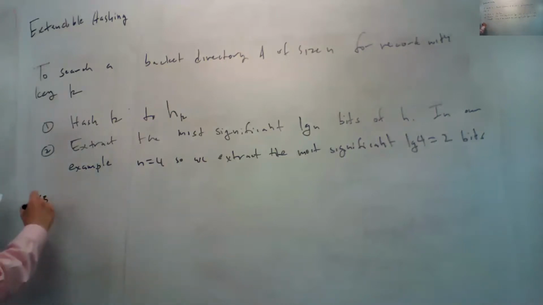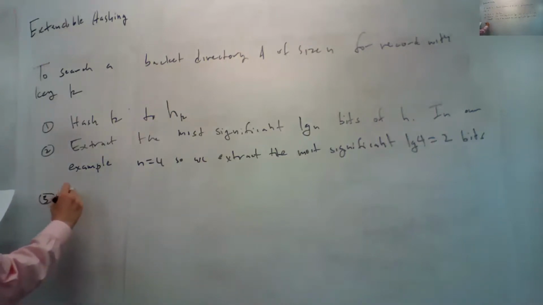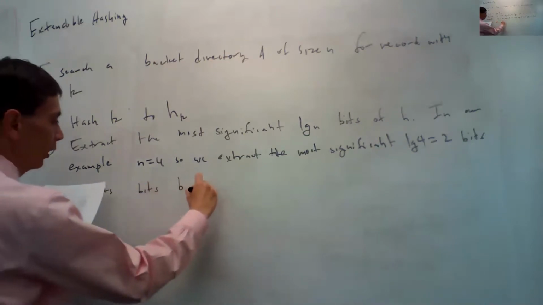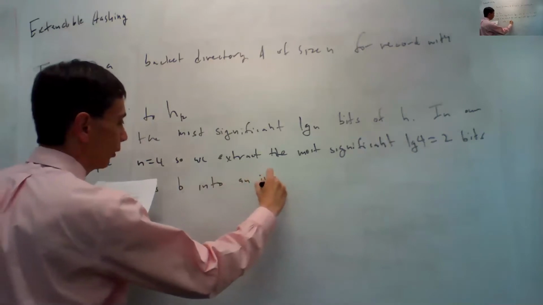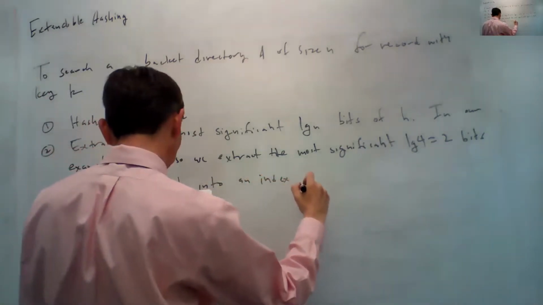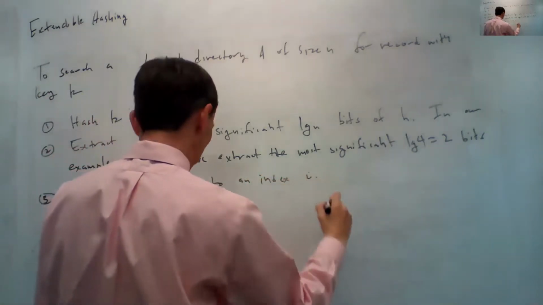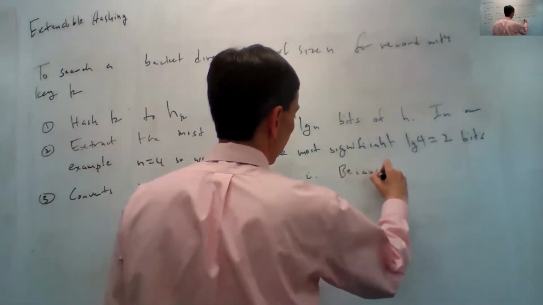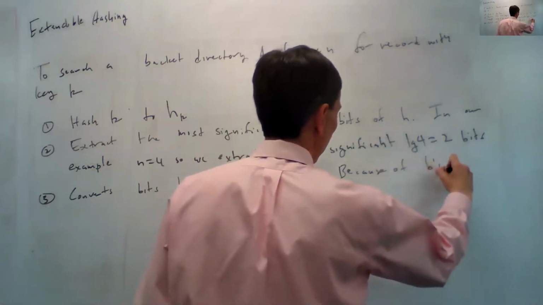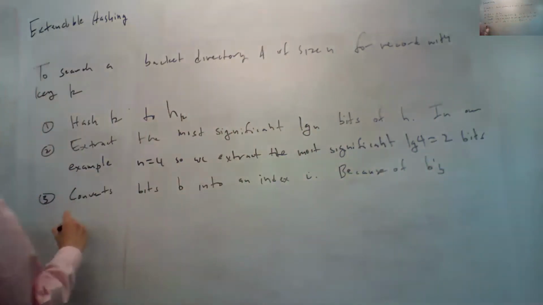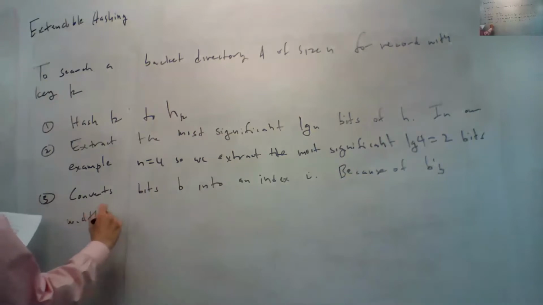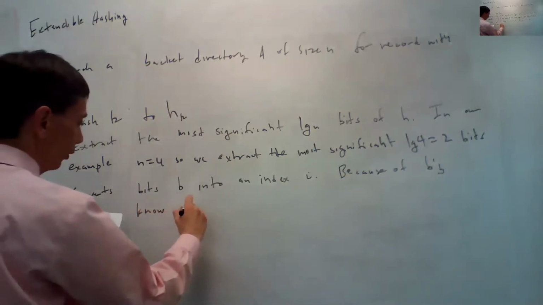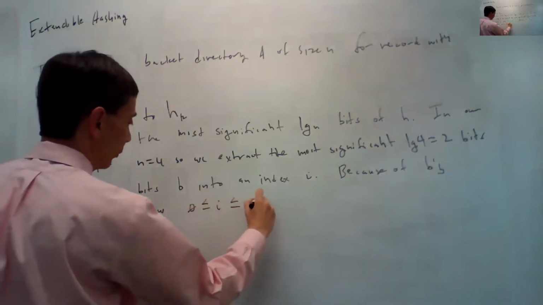We next convert the bits, which I'm going to call B, into an index I. And because of B's width, we know 0 is less than or equal to I, which is less than or equal to n minus 1.